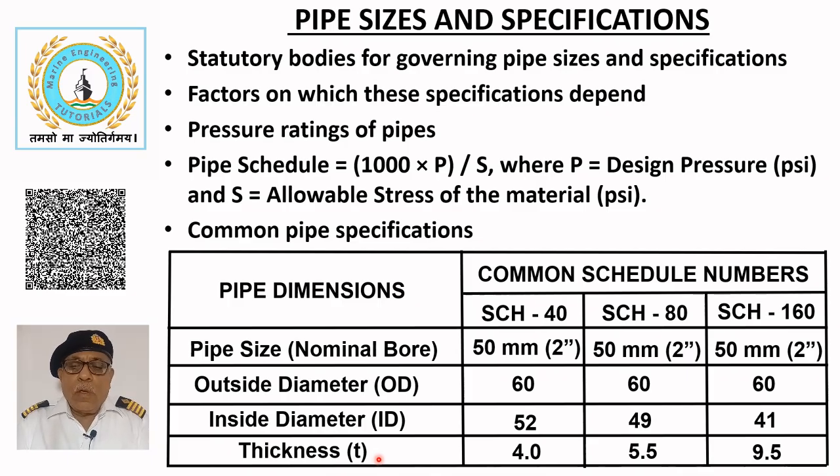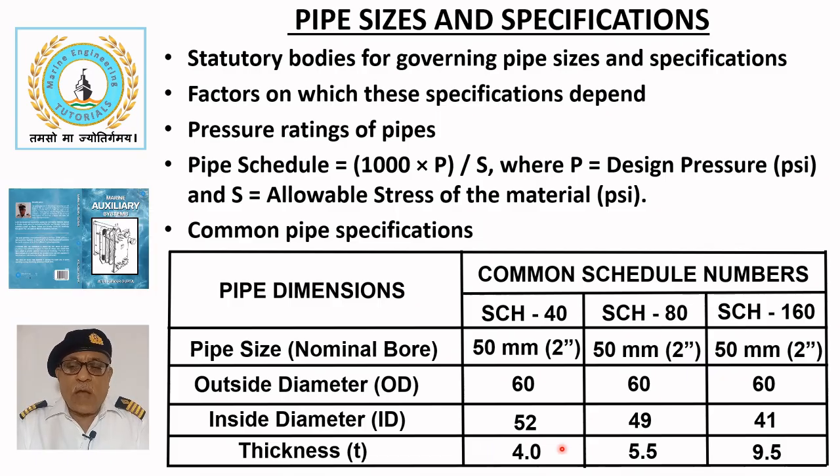As a higher schedule can withstand high pressure, pipe wall thickness increases as the schedule increases.